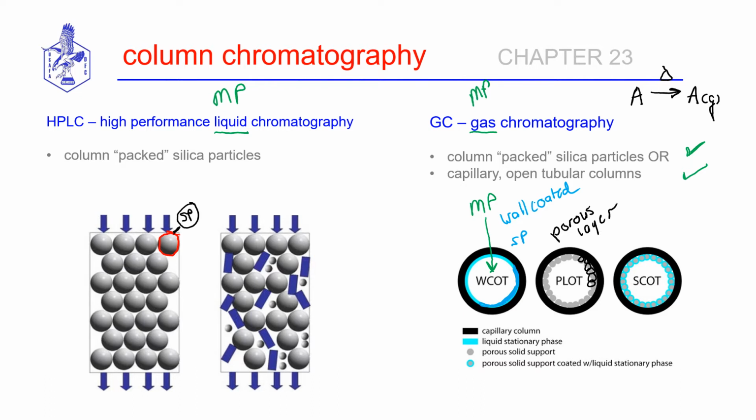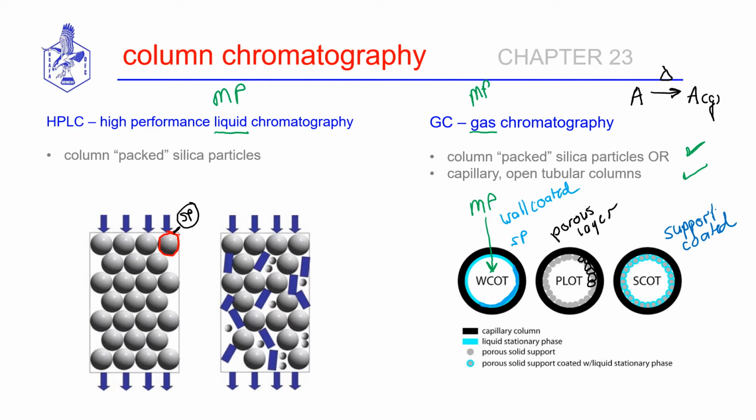And once again, by placing porous silica particles, we are increasing the surface area and the capacity of the column. And finally, support coated open tubular. Okay, these columns have the little silica particles onto which we have placed a stationary phase material. So these are the different options with open tubular design.